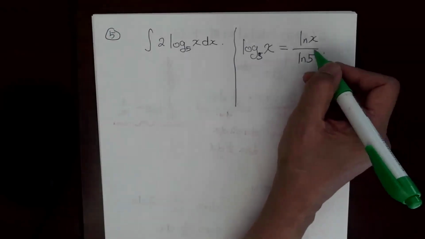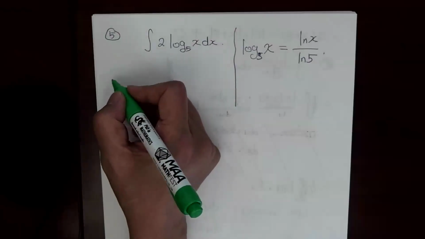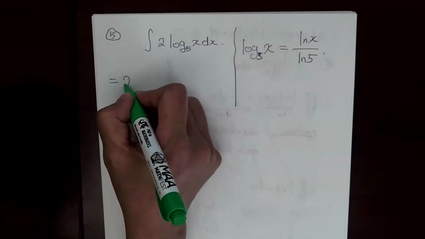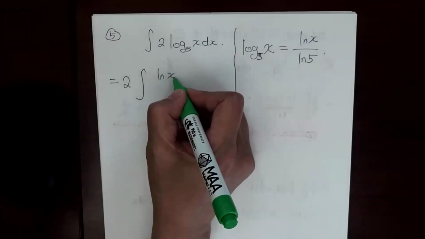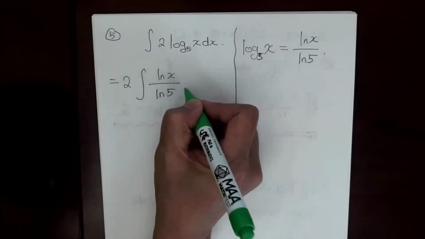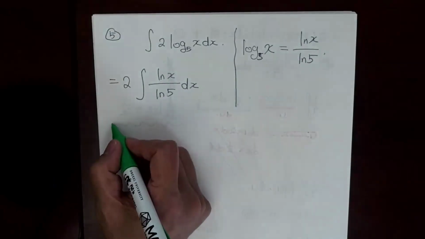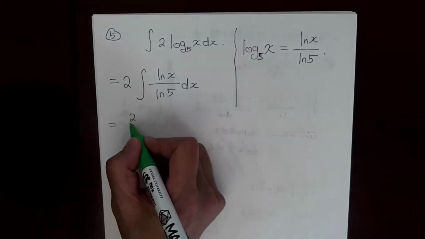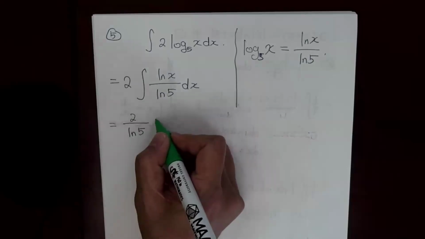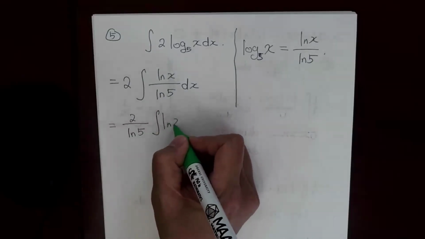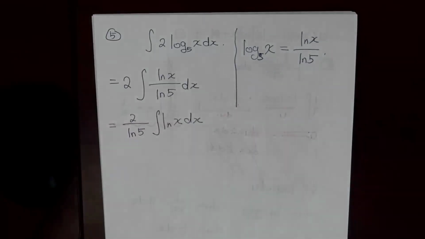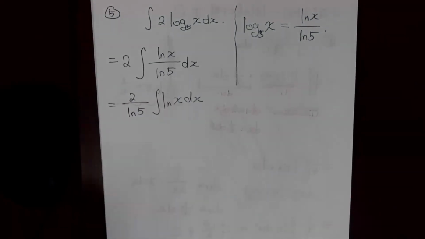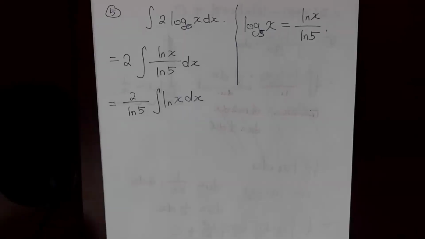And then the denominator is just a number. So we will rewrite it as 2 times integration natural log of x over natural log of 5 dx. So that is 2 over natural log of 5 integration natural log of x dx. So we don't even need a substitution. It's purely a change of base formula related problem.